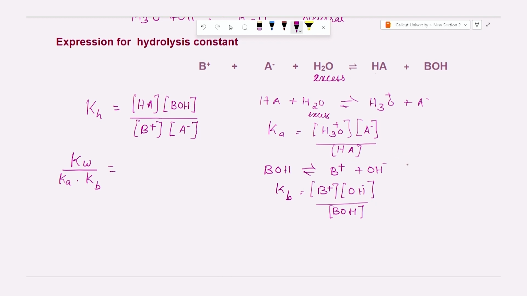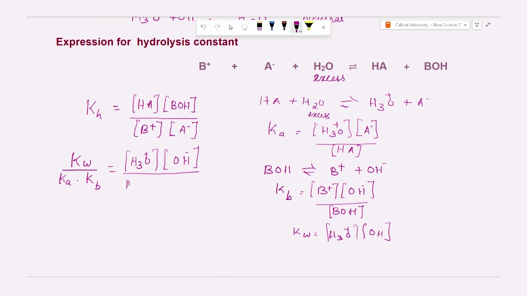Kw is represented as H3O plus into concentration of OH minus. So, Kw I put as H3O plus into concentration of OH minus divided by Ka, this is Ka.